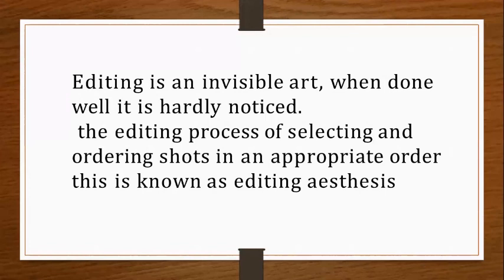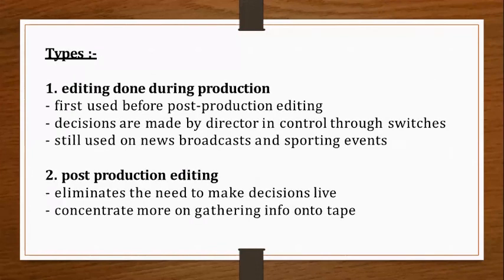Because of this, editors need to be clear about the purpose of the scene. First, we have the types of editing done during production. First is pre-production, when we manage everything; second is production, when we are moving the subjects; and after that, post-production, when we finish everything and just do editing.